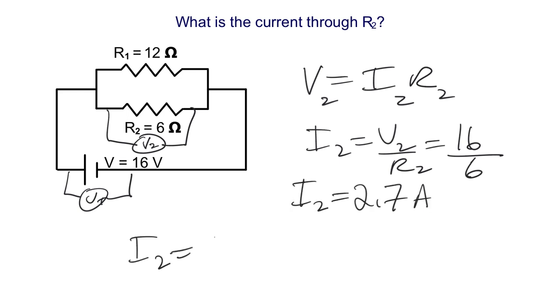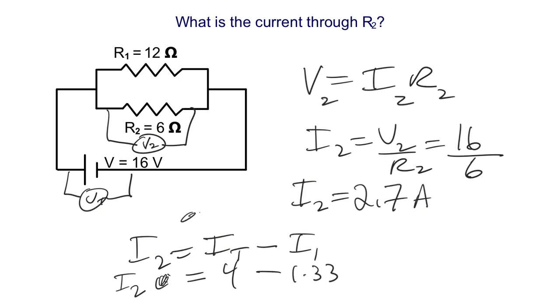I2 equals the total current minus I1. Total current was 4, and I1, 1.33. And so 4 minus 1.33 is 2.66, which I rounded up. So I could have done it that way.